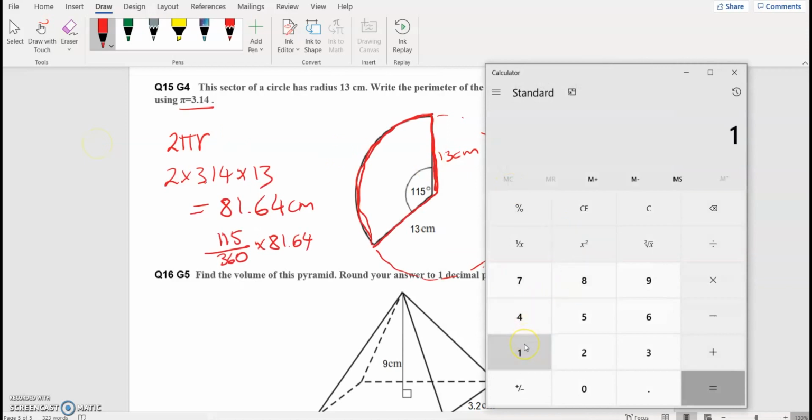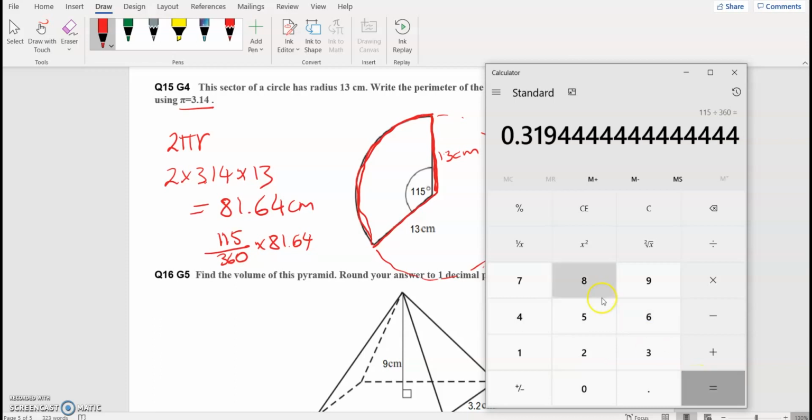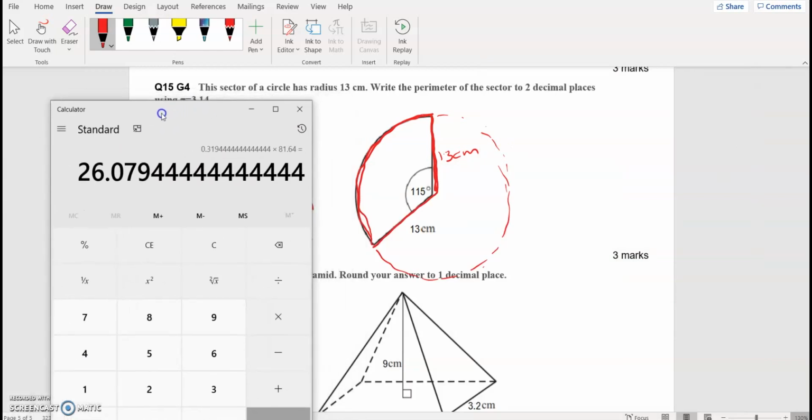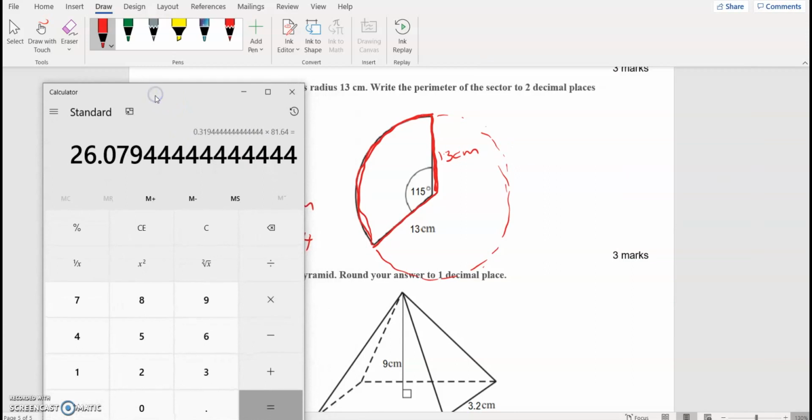So 115 divided by 360, and we'll not change this, we'll now multiply it by 81.64. So that gives us this, and we'll just add the 26, 13 and 13.